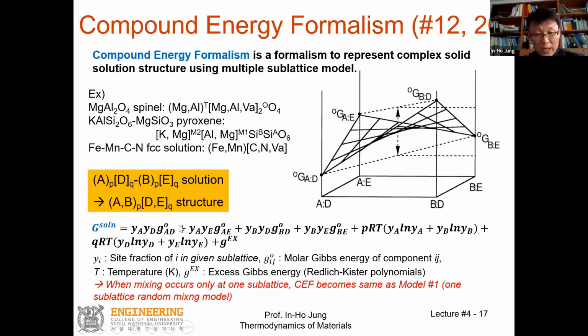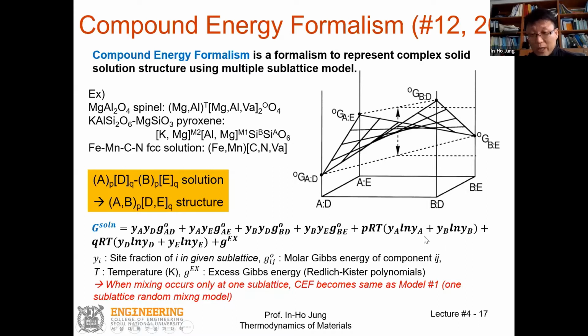Similarly, YA, YE, and the Gibbs energy of A_P E_Q, etc. So this makes sense, yeah. This is just a linear combination of the end member Gibbs energies, of the 4 end members we can create from this structure.